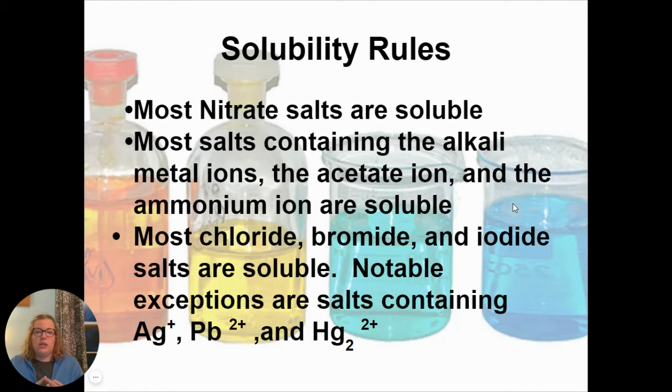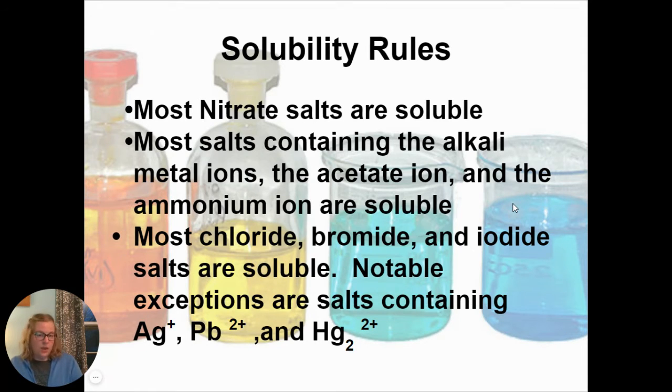So again, the nitrates, alkali metals, including hydrogen, acetate, and ammonium, if you see them in a formula, it makes it soluble regardless of what else is in there. Okay? Moving on to our anions.